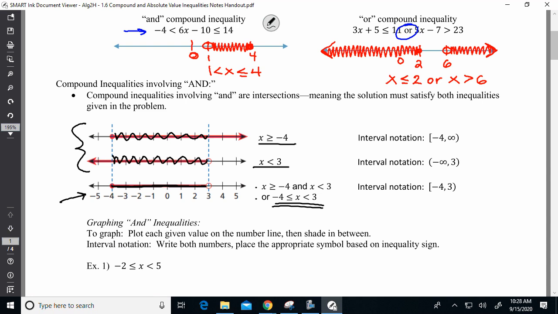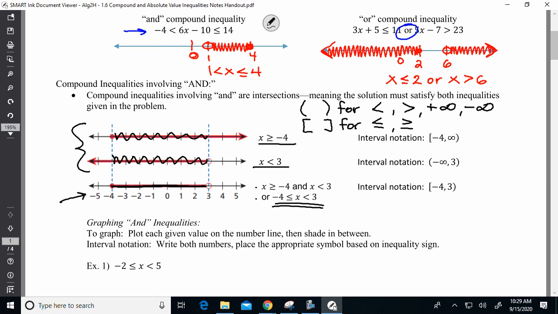Now, as far as interval notation goes, just a reminder: with interval notation, you use parentheses for less than, greater than, positive infinity, and negative infinity, and you use the brackets for less than or equal to, greater than or equal to.